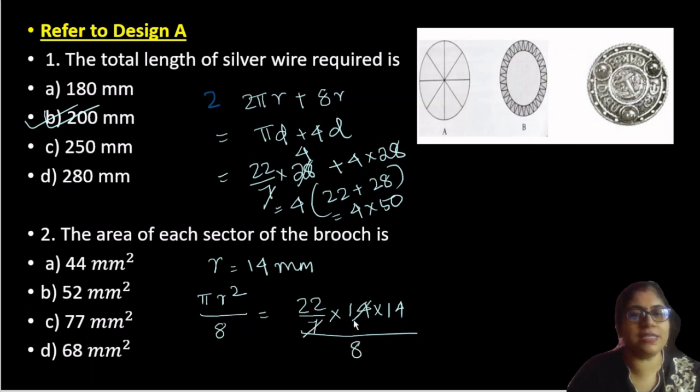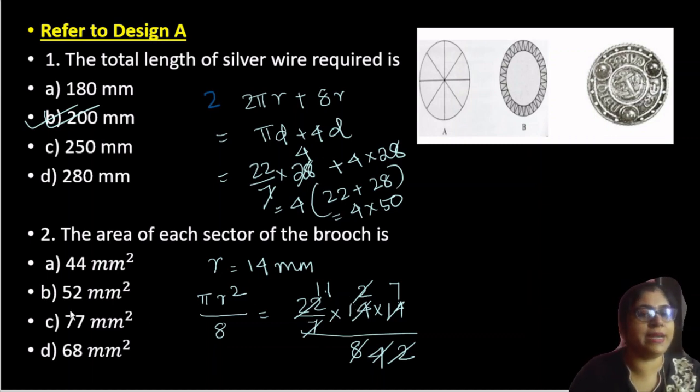So here this is 2. Here we can divide this by 4. Then here 7 and 2, 2, 11. So 11 and 7. So 11 into 7 equals 77 millimeter square. This is the area of each sector.